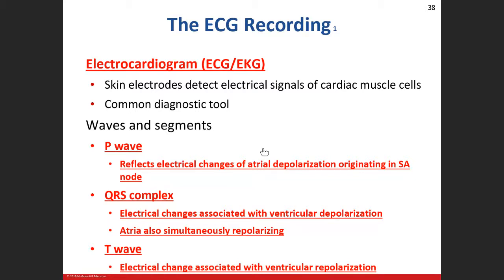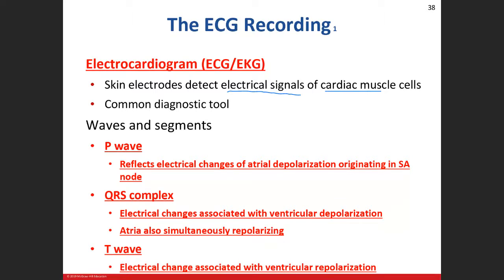The best way to do it is a 12 lead, where they put all these little skin electrodes on your chest and on your arms and legs. Then they're able to monitor the electrical signals from your cardiac muscle cells. It's a very, very helpful tool for diagnosing several types of issues.